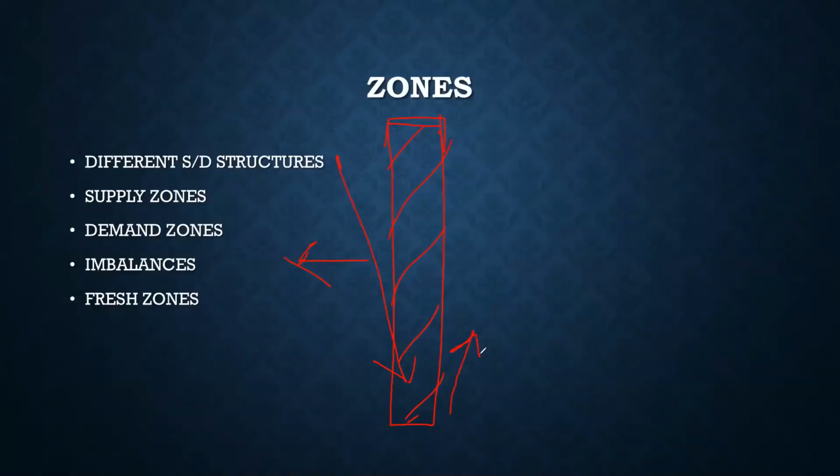My fresh supply zones will be zones like, let's say there's a zone here. This is considered a fresh zone, but I wouldn't term this one as a fresh zone. Let me just draw it real quick.